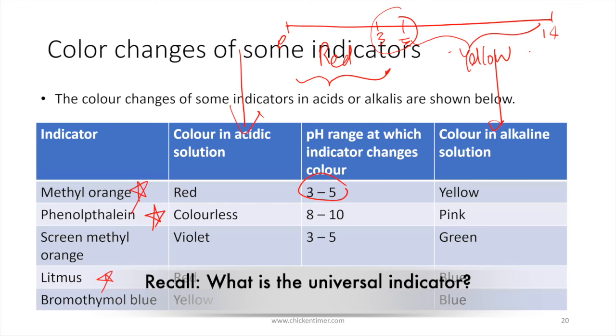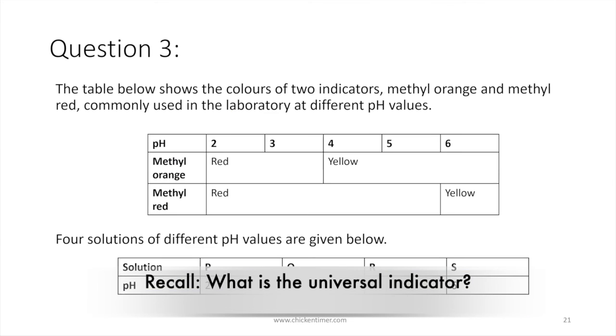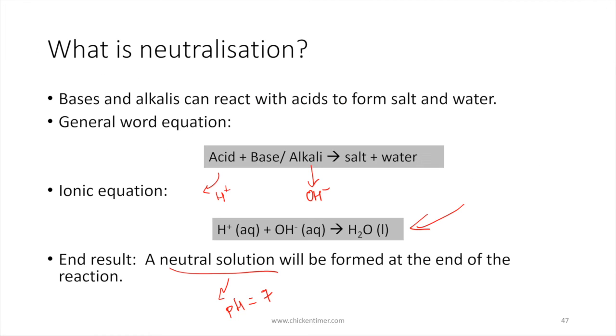But there are many, many indicators, which will bring you to this kind of question where they say you have two indicators and what color will they show at a specific pH? You see, question. Neutralization means you have acid and base, they react, and then you get a neutral solution.